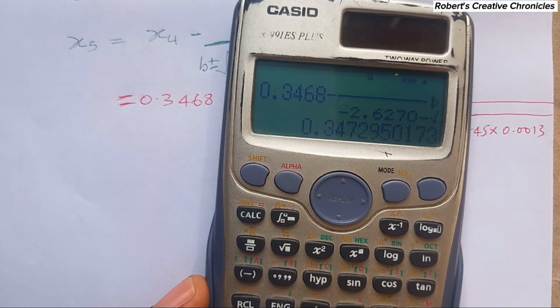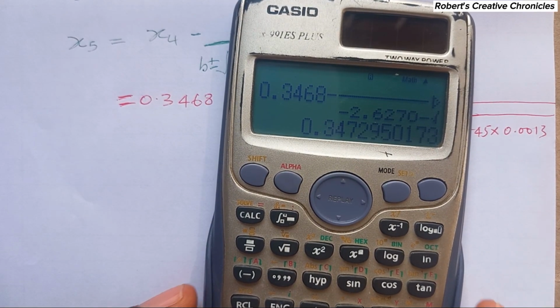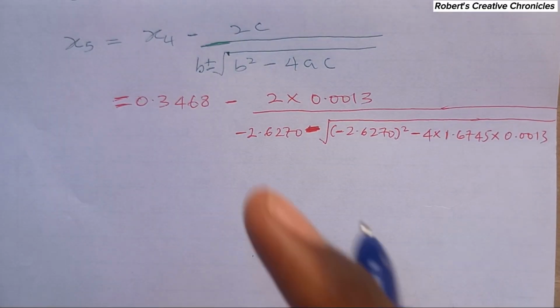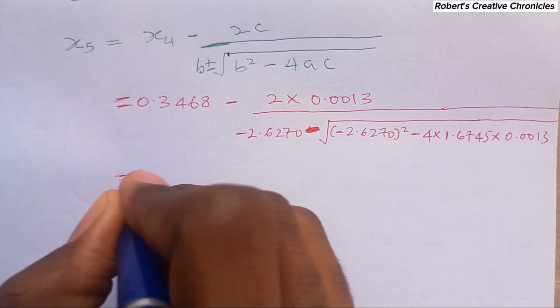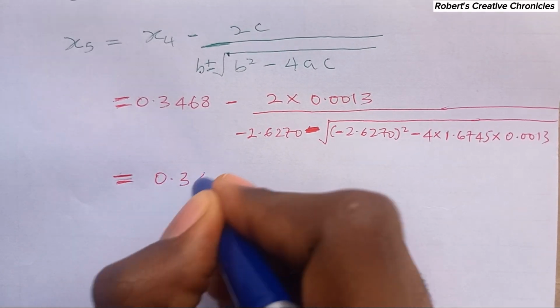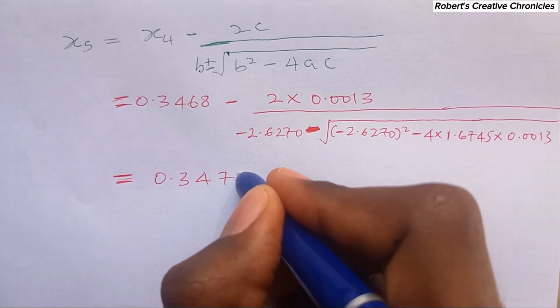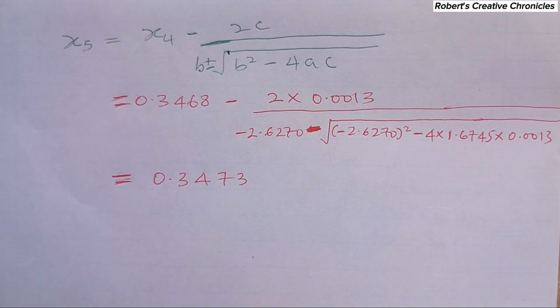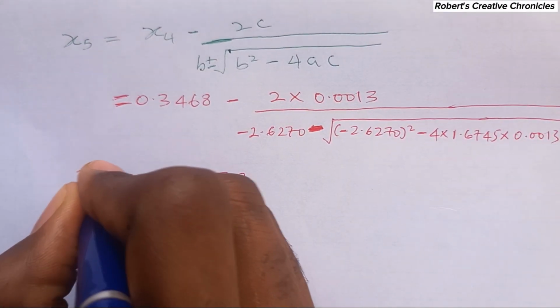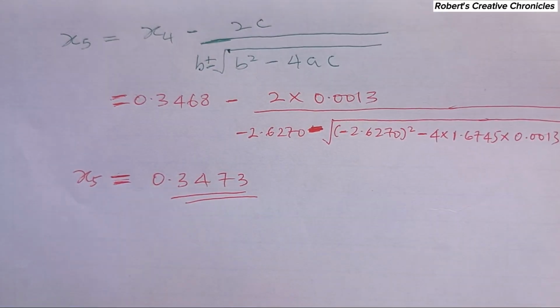So this is what? 0.3473. So 0.3473 approximately. So x5 is 0.3473.